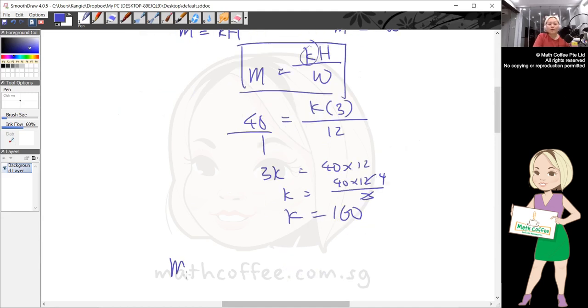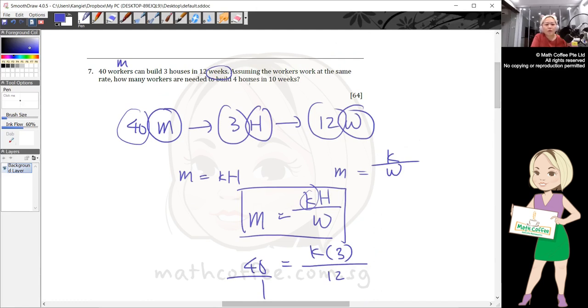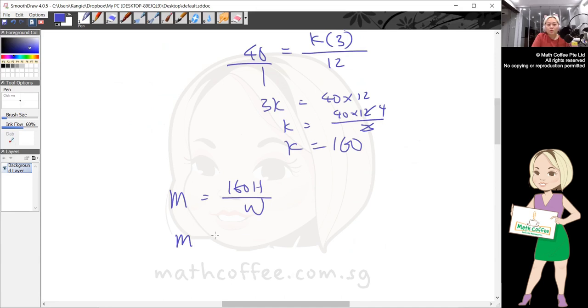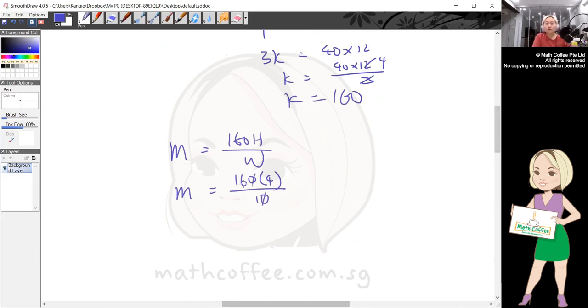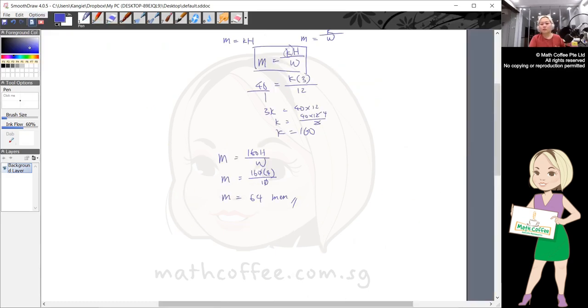Now my full formula is M equals 160H over W. They asked for 4 houses and 10 weeks, so the men is unknown. Cancel, so it's 16 times 4. So I need 64 men. This is how you do this question.